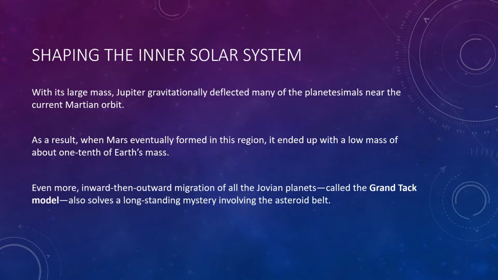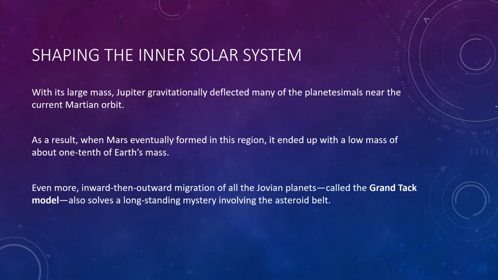As a result, when Mars eventually formed in this region, it ended up with a low mass of about 1/10 of Earth's mass. In fact, it was the mysteriously low mass of Mars that prompted this analysis of Jupiter's inward migration. Even more, inward than outward migration of all the Jovian planets, which we call the Grand Tack model, also solves a long-standing mystery involving the asteroid belt.